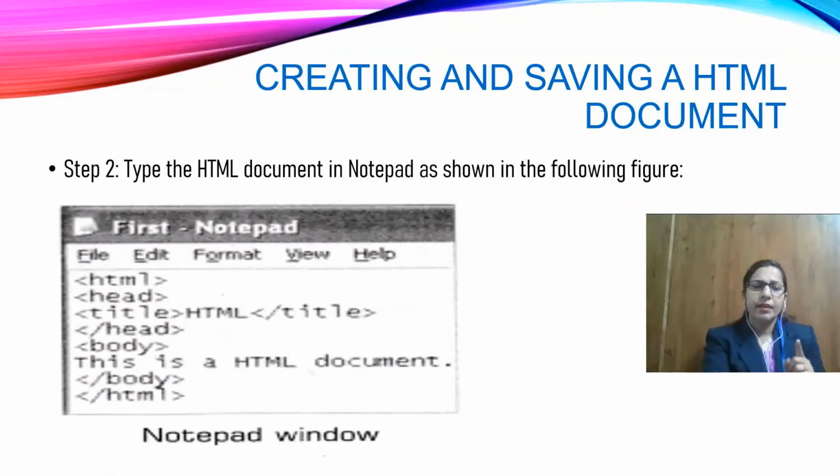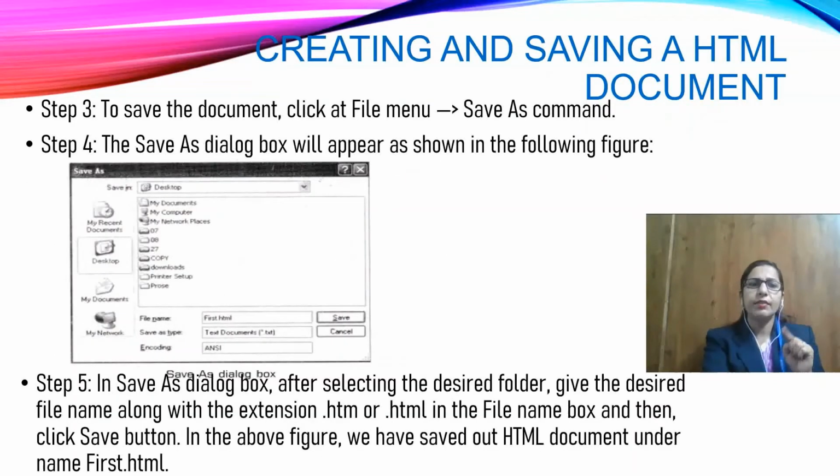Okay, next, after writing the code in Notepad, which was the first step, the second step is that we have to save it. How can we save it? Just click on the File menu in Notepad. In the File menu, just click on Save As, and as we click on Save As, you can see this dialog box will come in front of you, the Save As dialog box.